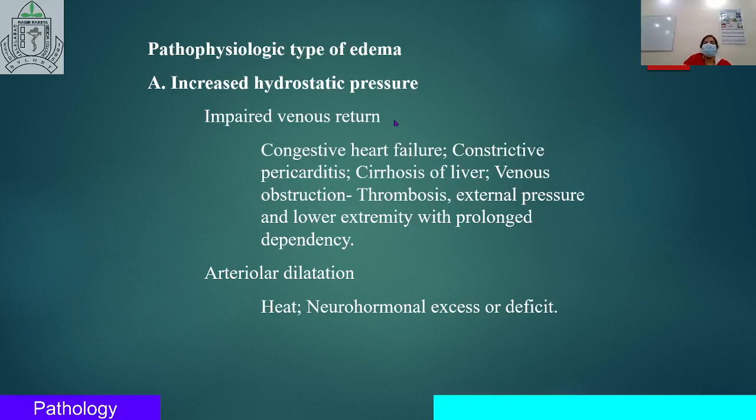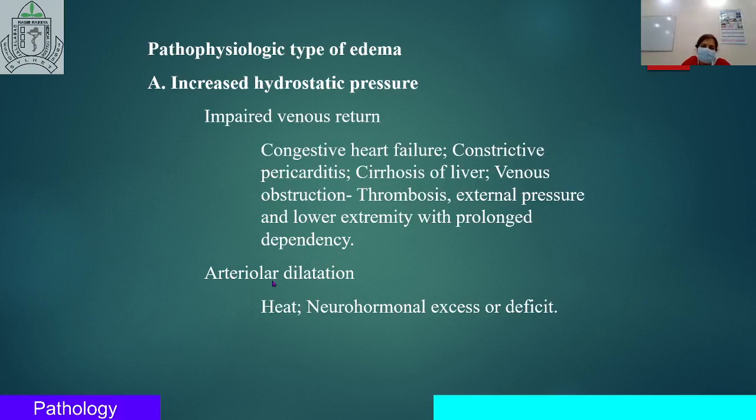Impaired venous return. When does it occur? It occurs in congestive cardiac failure, constrictive pericarditis, cirrhosis of liver, or local venous obstruction by thrombus or any external pressure, and lower extremity with prolonged dependency.